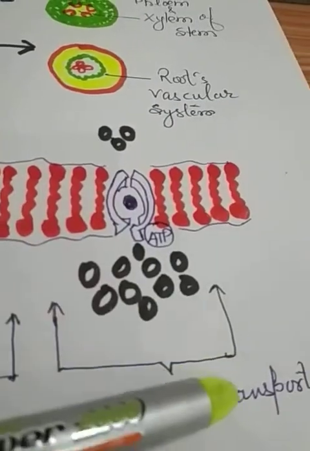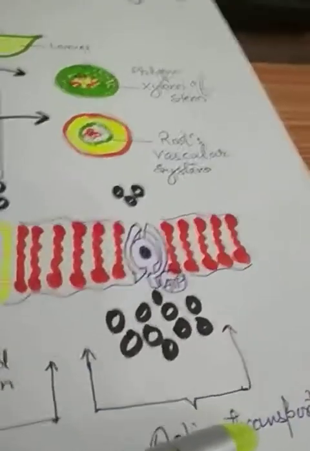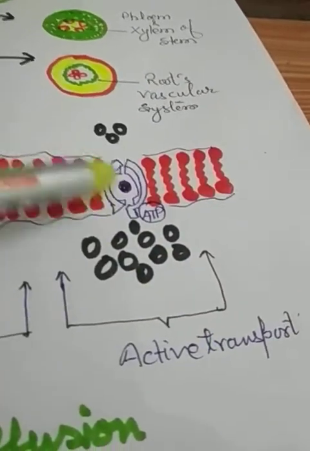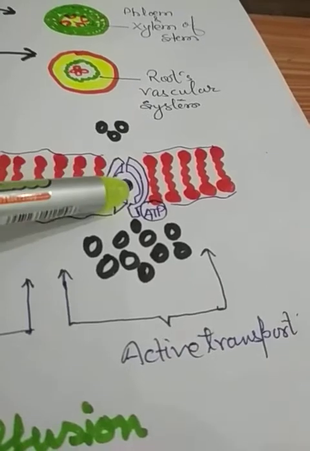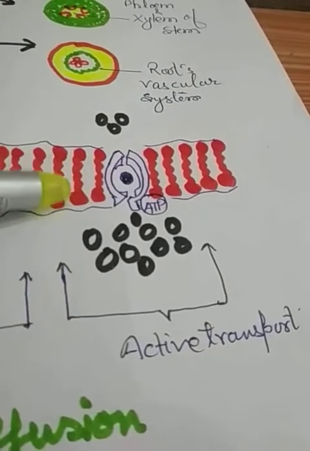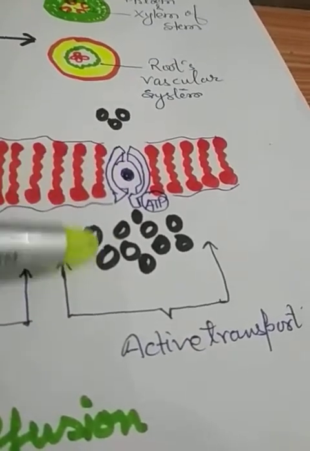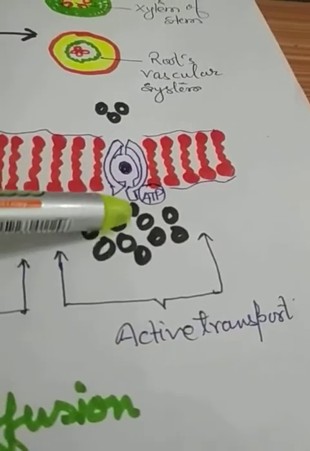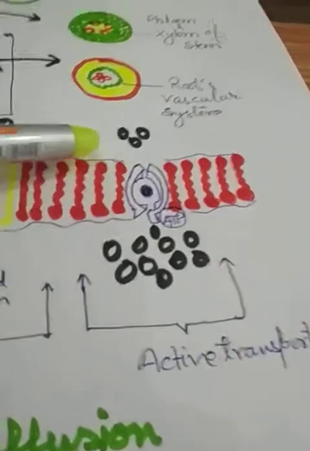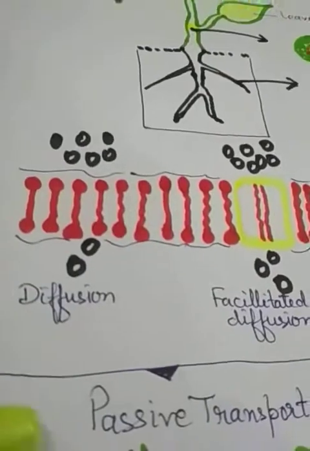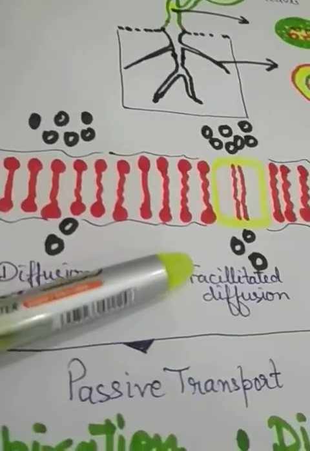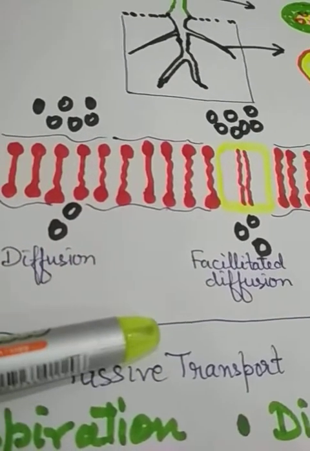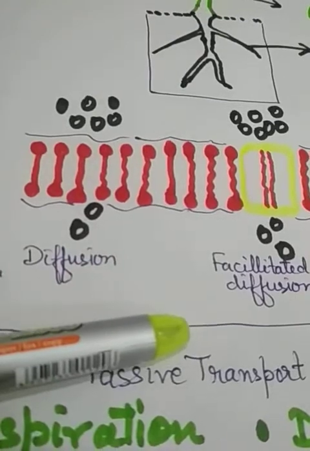So in active transport, the requirement of energy is a must. The system is the same, the cell membrane as well as the xylem and phloem. But whenever it gets activated by energy, it is called active transport, and whenever it gets activated by environmental factors, it is called passive transport. In passive transport, there is no need of energy.